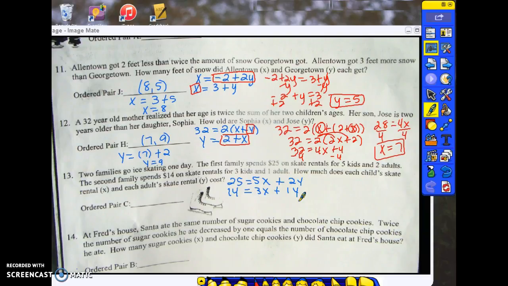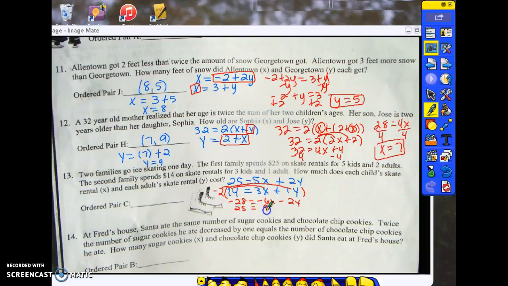I don't have opposites, so I have to create opposites. 5 and 3 won't go into each other, but 1 will go into 2. So I'm going to multiply the bottom equation by -2 so that I can create opposites to eliminate with my y. -2 times 14 is -28. -2 times 3x is -6x. -2 times 1y is -2y.